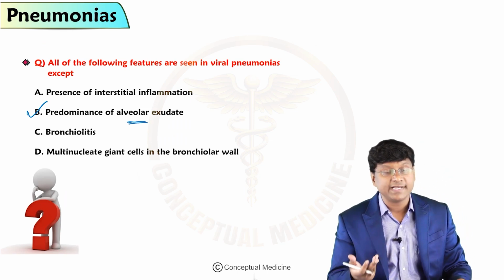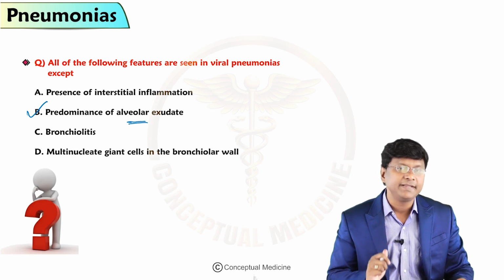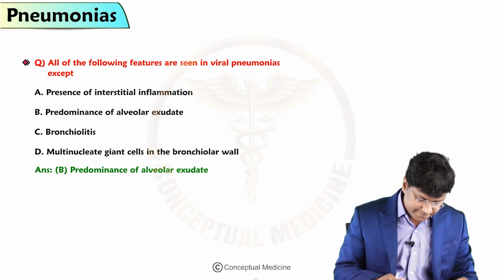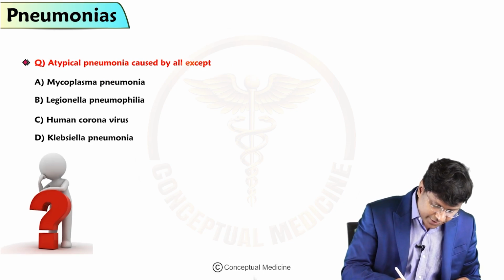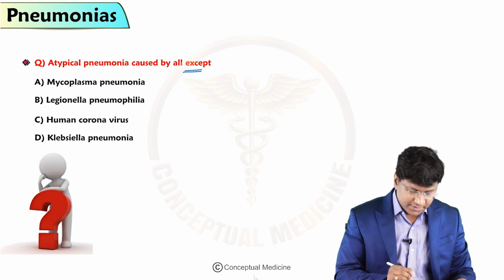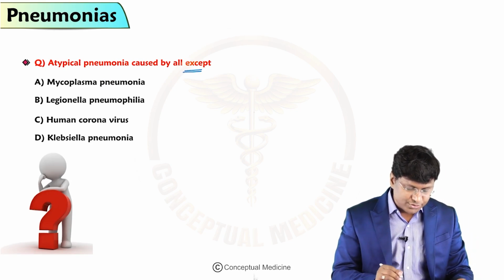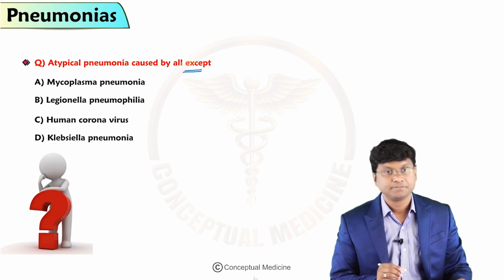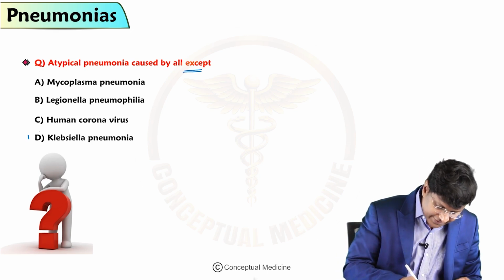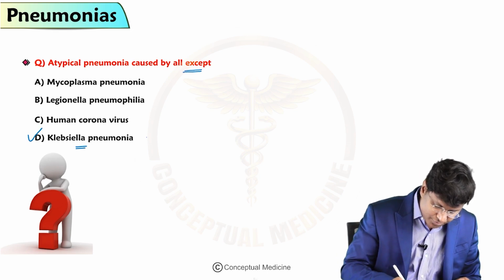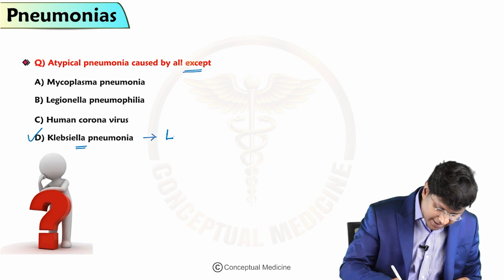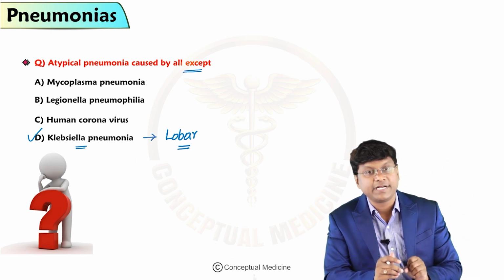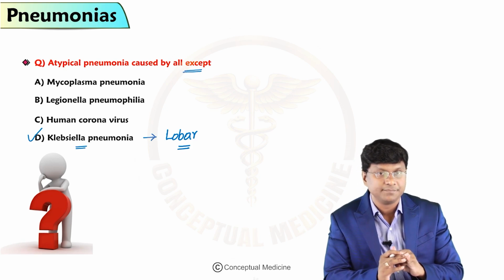And if you see the organisms causing the atypical pneumonias, the question here: atypical pneumonia is caused by all except Mycoplasma pneumoniae, Legionella pneumophila, human coronavirus, Klebsiella pneumoniae. Let me tell you, we have discussed that Klebsiella pneumoniae causes lobar pneumonia, and the name given to that is Friedlander's pneumonia.